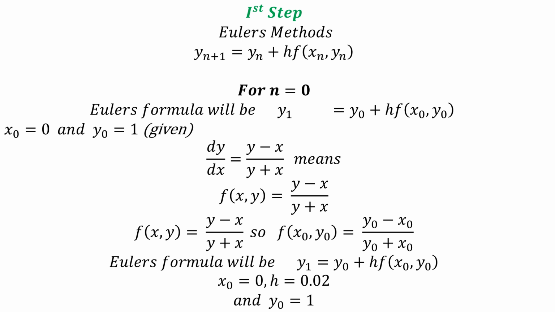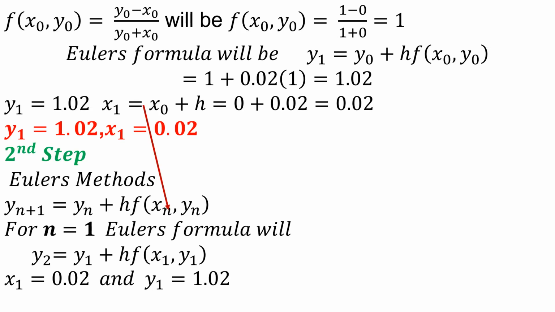We know the value of x0, that is 0, and y0 also we know, that is 1. All these values are given. Then first of all we calculate f of x0, y0 by putting on the values: y naught is 1, x0 is 0, so 1 by 1 is equal to 1.